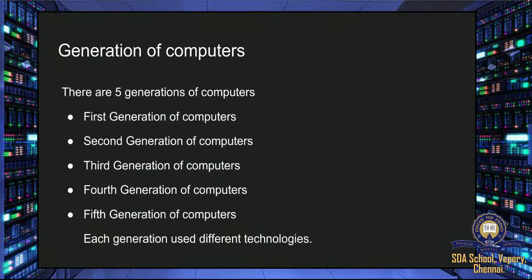There are 5 generations of computers: first, second, third, fourth, and the 5th generation of computers. As I said before, each generation used different technologies and devices. In today's class, we will see the first generation and the second generation of computers.